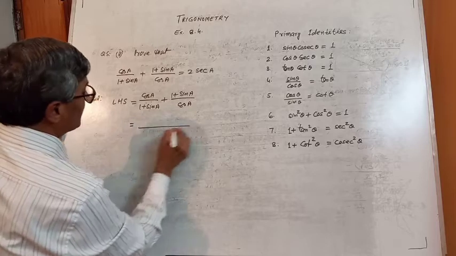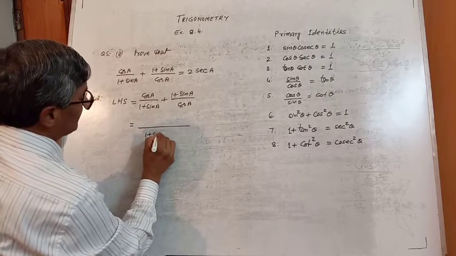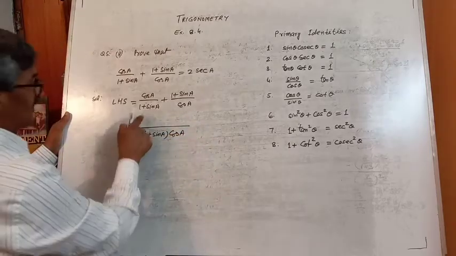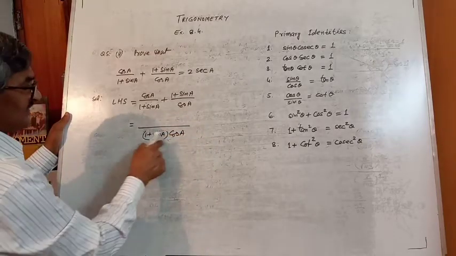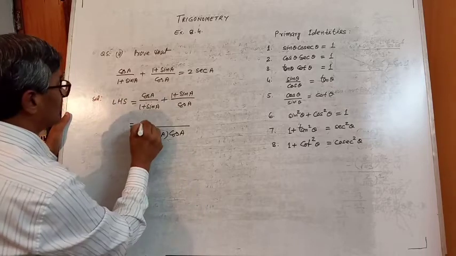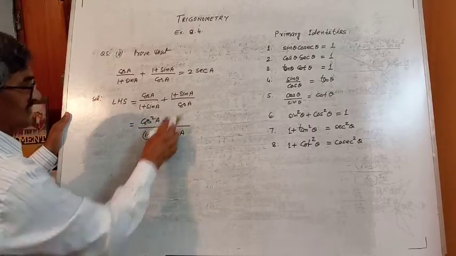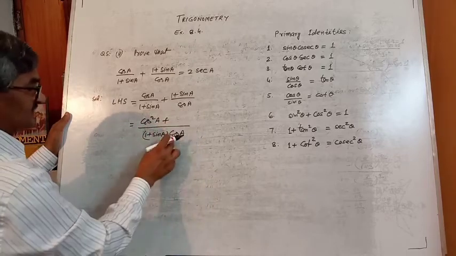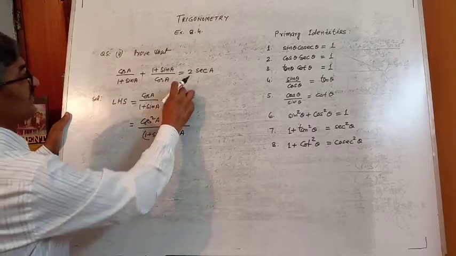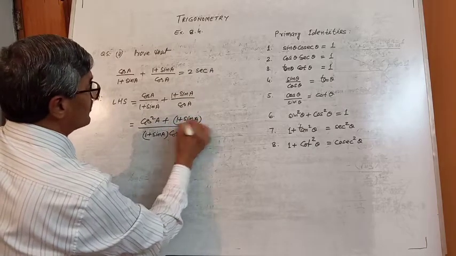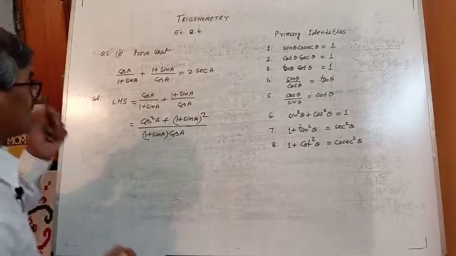Now take the LCM: (1 plus sin A) and cos A. Dividing by 1 plus sin A, we get cos A, so cos A into cos A gives cos square A. Dividing cos A by cos A, we get 1 plus sin A, multiplied by 1 plus sin A, which is (1 plus sin A) whole square.